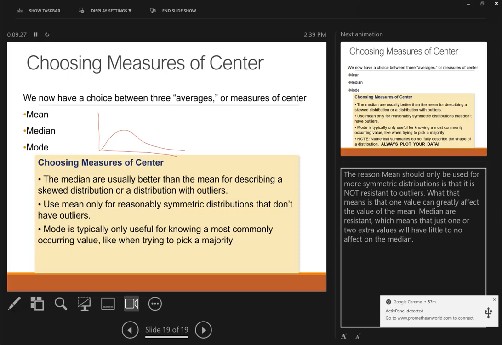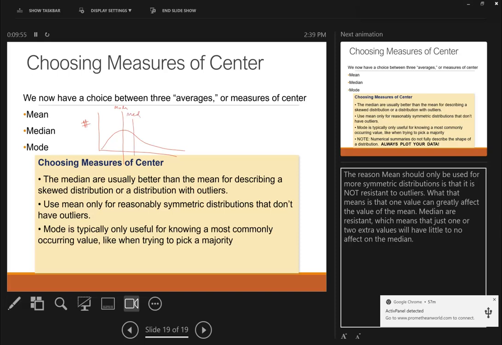Where's the mode at? The highest. That's the most frequently occurring, right? This is like the number of things. Where's the median going to be? To the left or to the right? To the right. How much? A little bit.